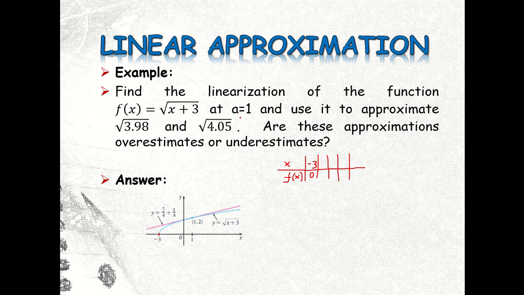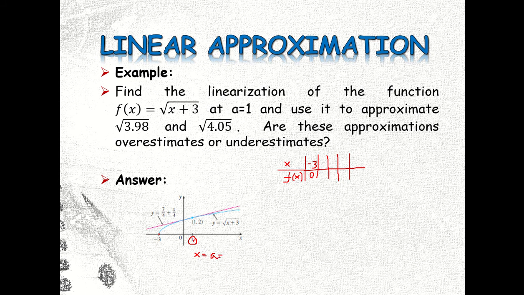And we are given here a equal to 1. It means that this is our a here. This is our a, so our x is equal to a, equal to 1. So at x equal to a, where a is equal to 1, you can use also this value.